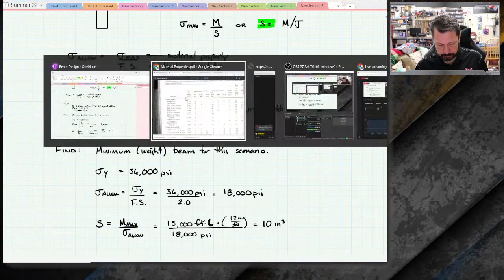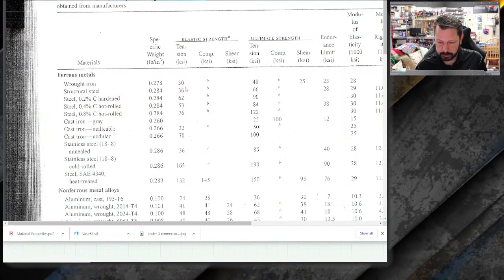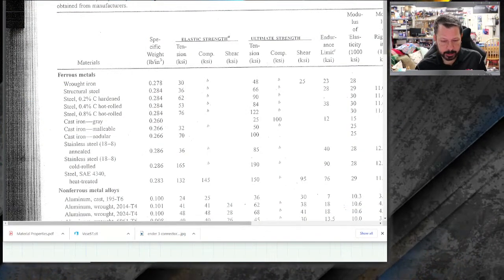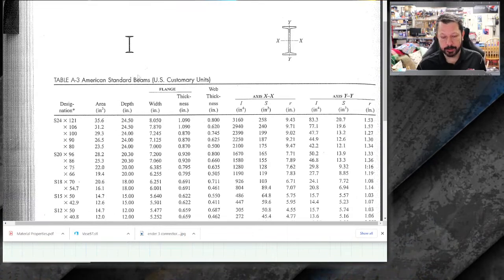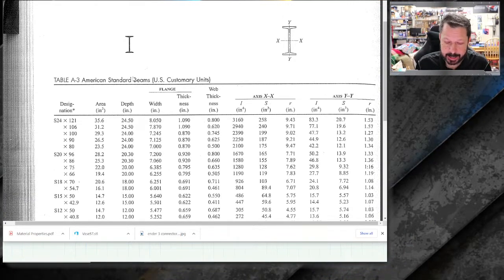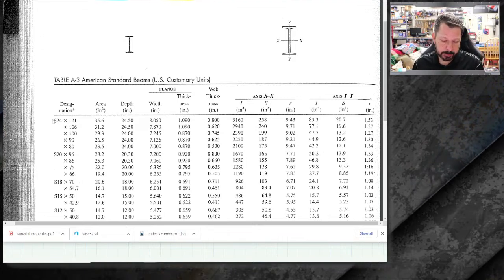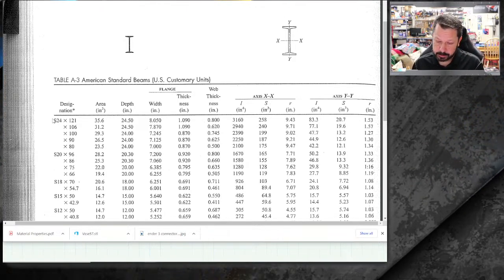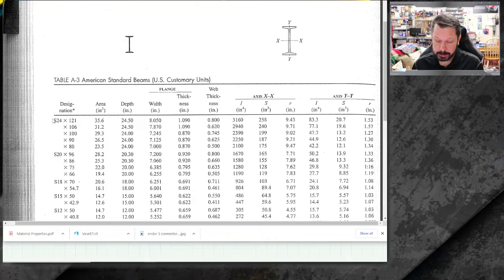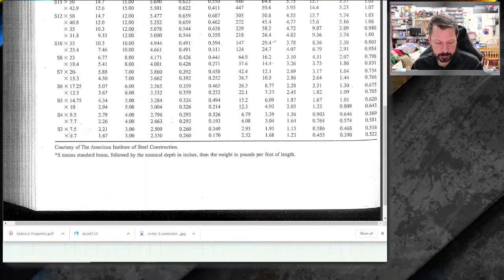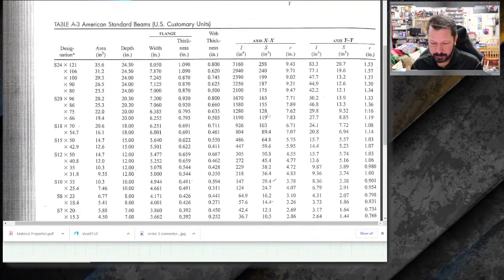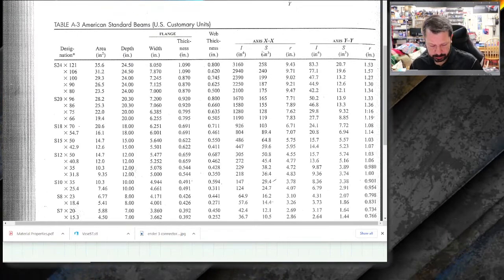So then I go to my chart here. Well, not that chart, the S chart, because I did say I wanted a standard I-beam. So I go to the S chart, and in general, the top of the chart has the largest numbers, largest beams, and it gets smaller and smaller as I go down. So I've got to look in this column for S, so that's this one.